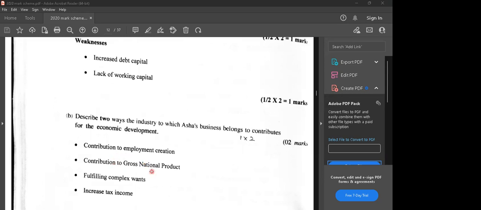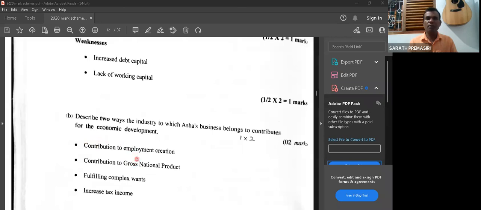Sir, can we take that use of modern equipment gets increased? Yes, it is not wrong, but the problem is how can you prove that it contributes to economic development? So you can explain that by using modern equipment, she improves her production units.